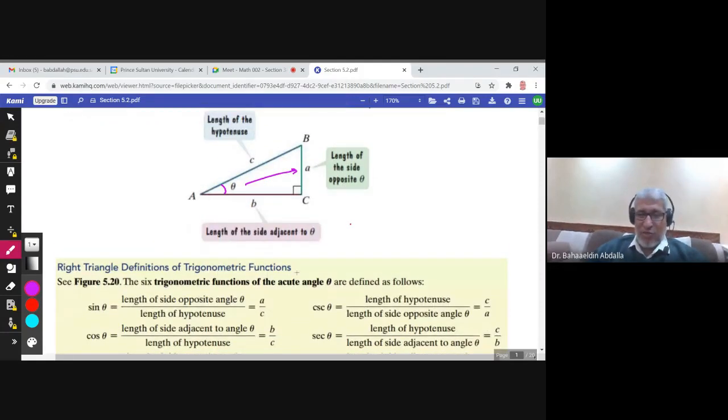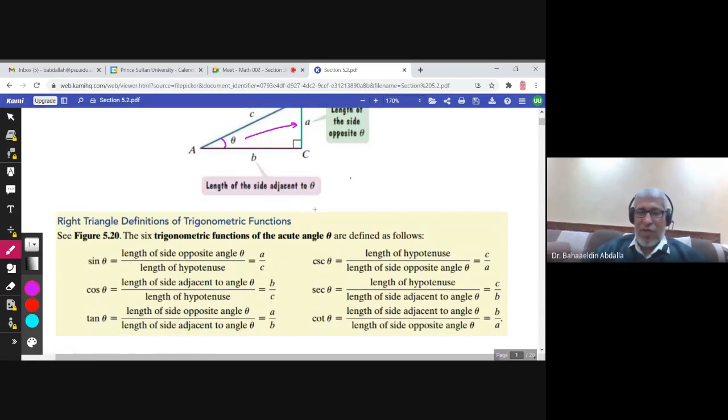We will define sine theta to be A over C, the opposite side over the hypotenuse, while cosine theta would be the adjacent side B over the hypotenuse, and tan theta would be the opposite over the adjacent, A over B. Now cosecant theta is the reciprocal of sine theta.